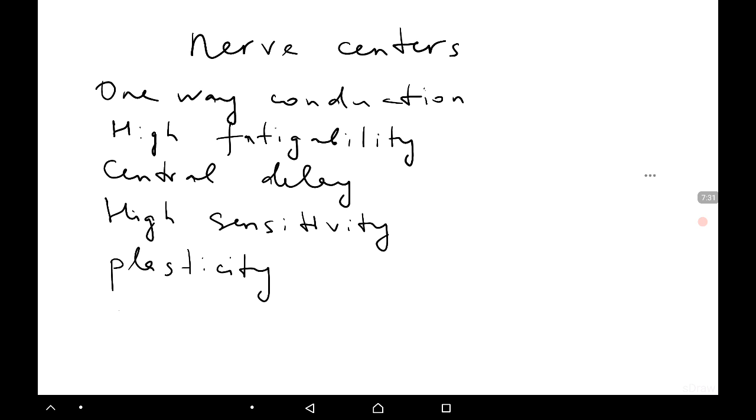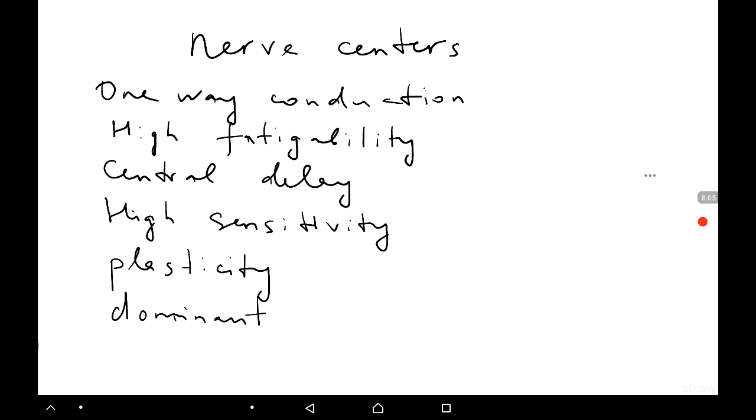So plasticity, dominant principle. Dominance principle means that at each moment some center of the brain, some nerve center becomes the chef, becomes the most important, and it suppresses the activity of other nerve centers which coordinate less important functions.